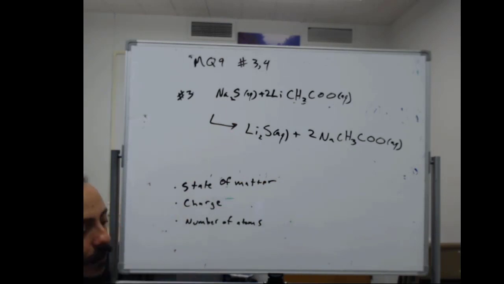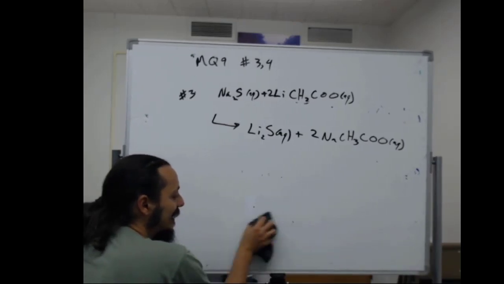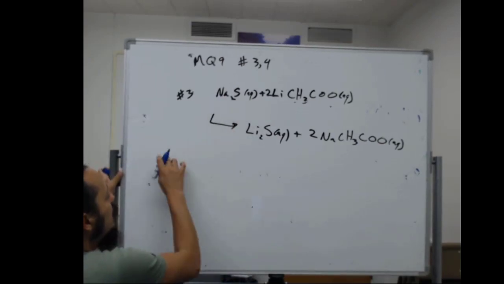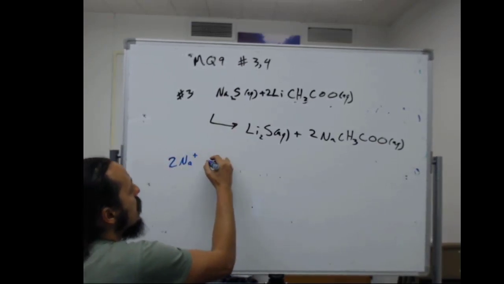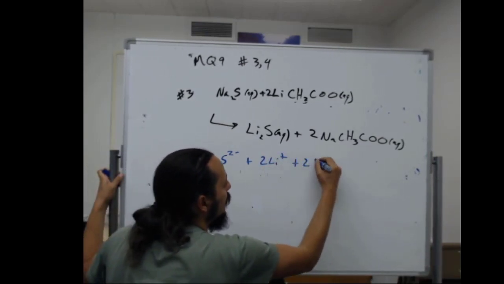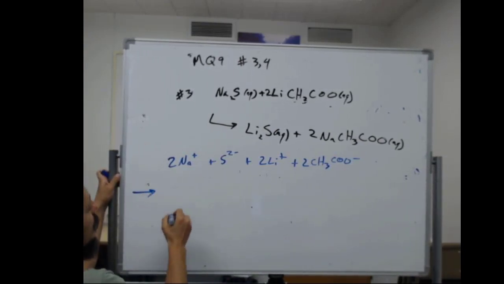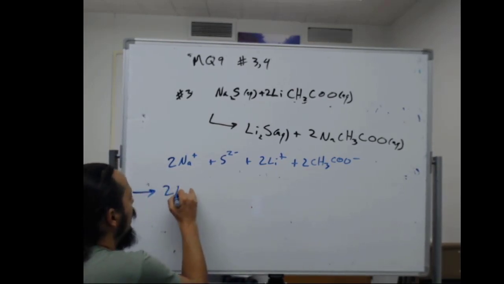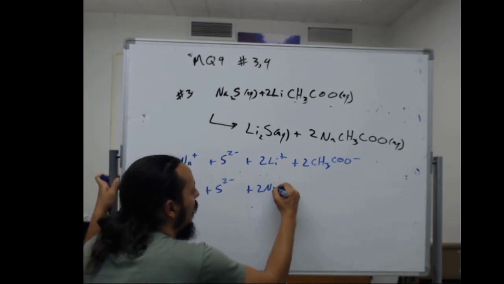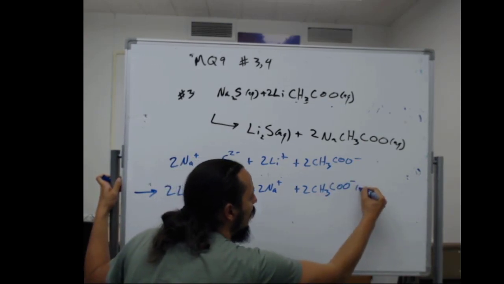It means we've got sodium ions floating around in solution, we've got sulfide ions floating around in solution. So if we write this out in terms of the total ionic, trying to represent how the ions actually exist in solution, it's going to take a little bit, but I would have 2 Na+ plus S2- plus 2 Li+ plus 2 CH3COO- going to 2 Li+ plus S2- plus 2 Na+ plus 2 CH3COO-, all aqueous.